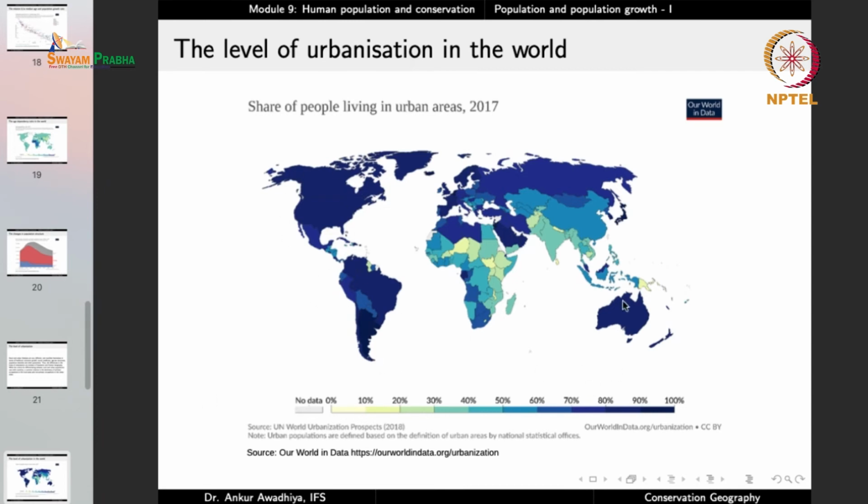Most of North America and South America, all of Australia, most of Europe, many parts of Asia, some parts of Africa, you find that the share of people living in urban areas is greater than 50%. Whereas in certain countries, the share of people that are living in urban areas is still less than 50%. So we can say that they are the rural dominated areas.